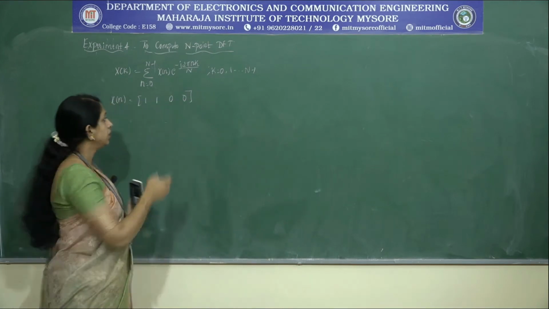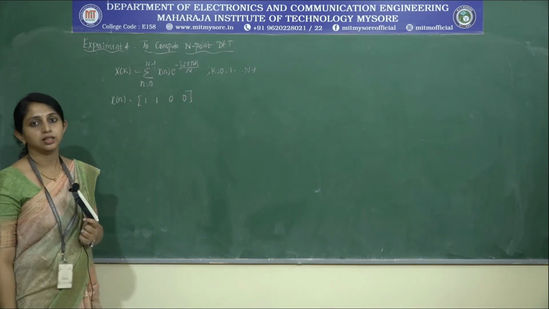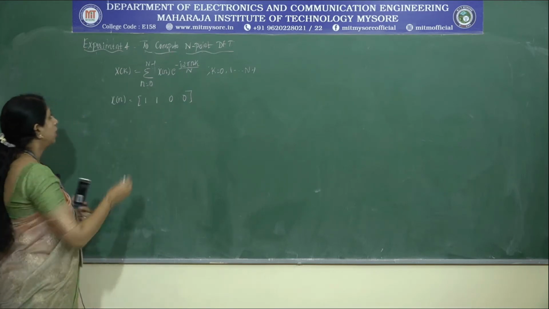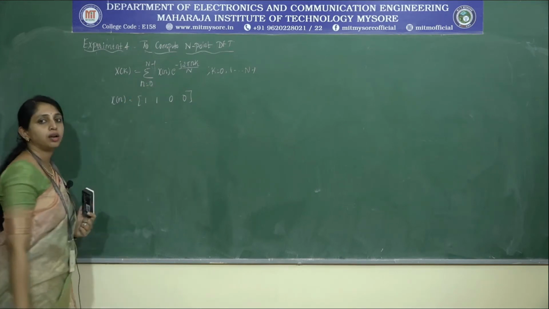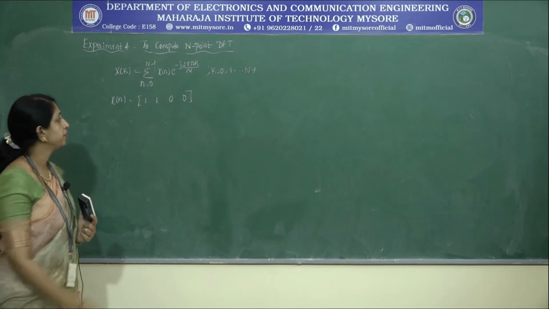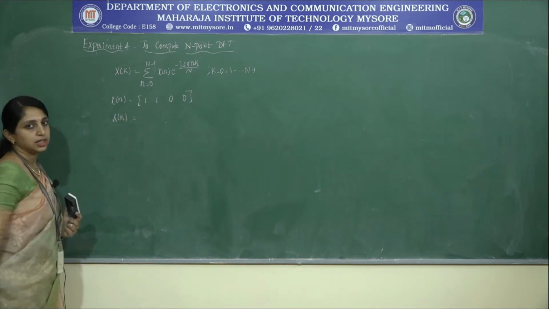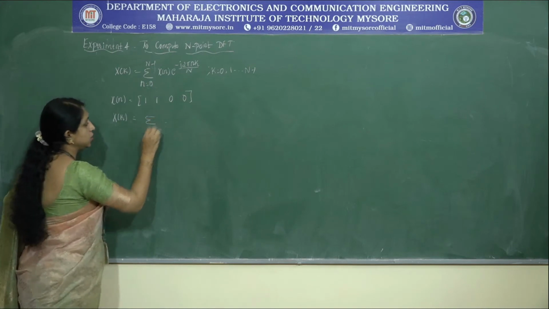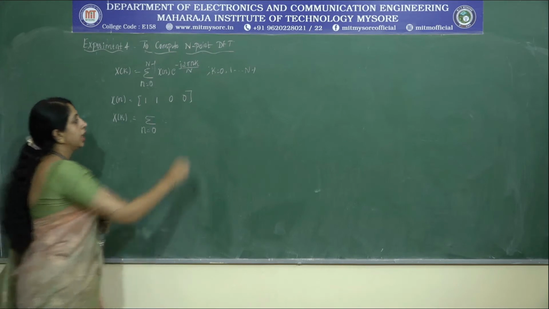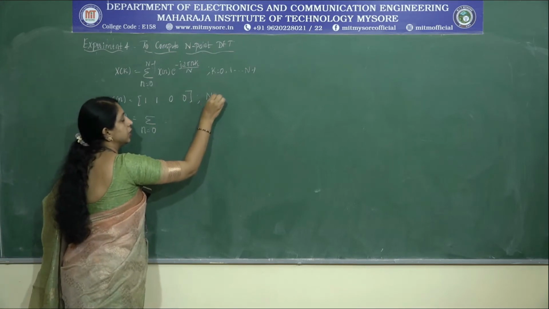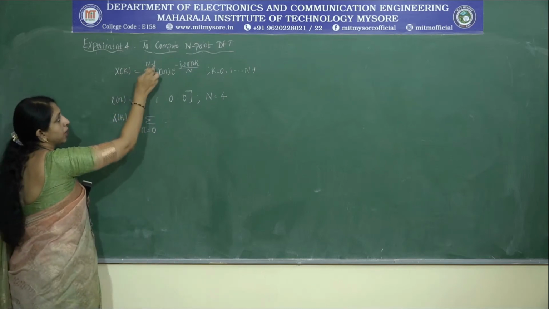Now I have considered a 4-point DFT which has 4 values in the sequence. Now apply the sequence to the general DFT equation. X of k is equal to summation n is equal to 0 to, according to the considered sequence, capital N value is 4. What is 4 minus 1?